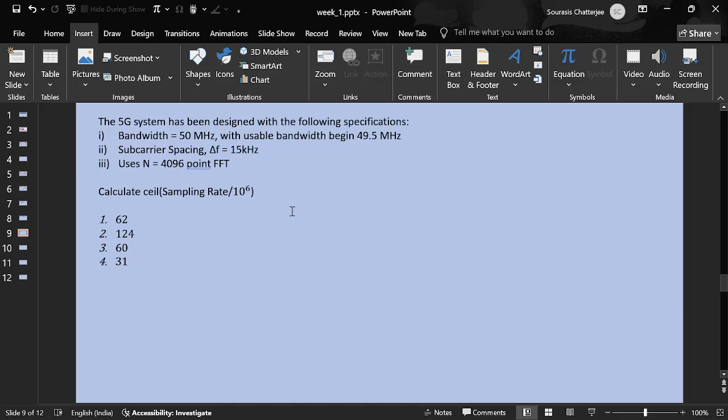What is so good about OFDM? Downlink. Ease of implementation. True. Multiple carriers. It has multiple carriers. True, true, true.